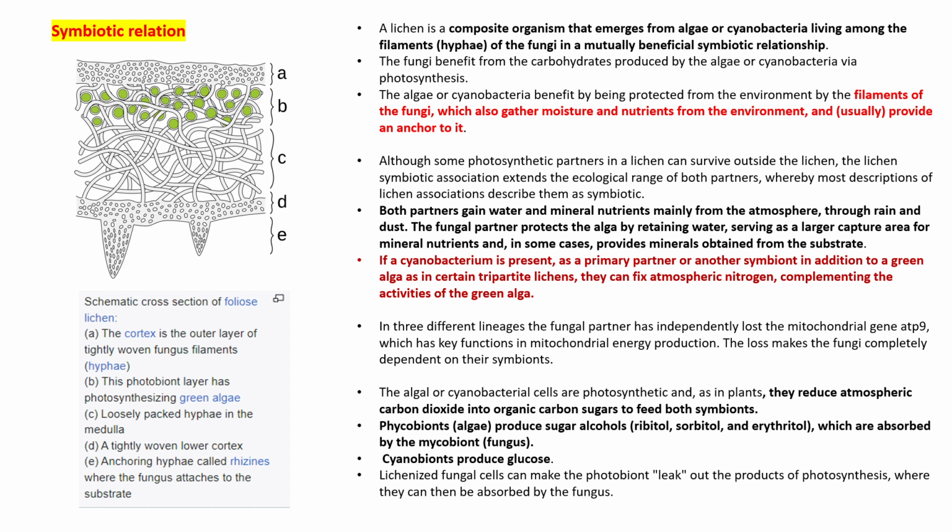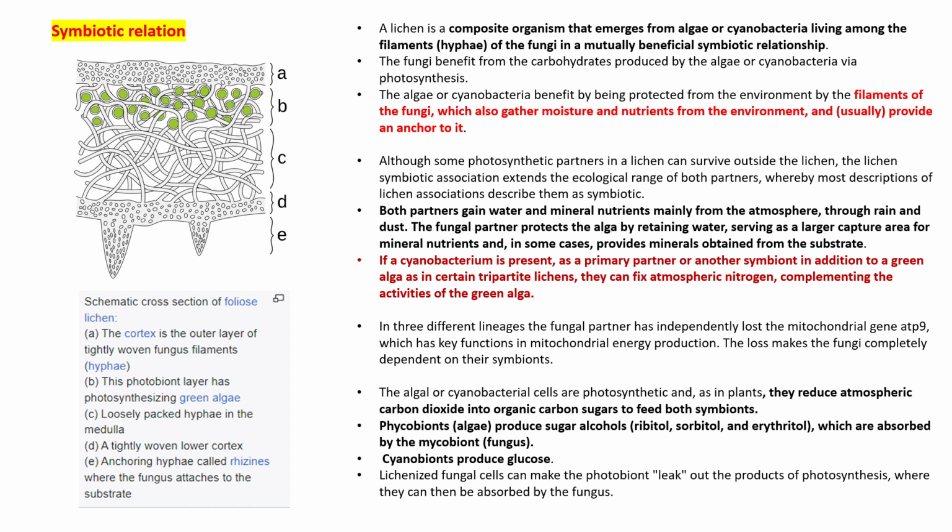Now in these three different lineages, the fungal partner has lost the mitochondrial gene called ATP9, and its key function is mitochondrial energy production, and therefore this fungi is completely dependent on the symbionts or the phycobionts.